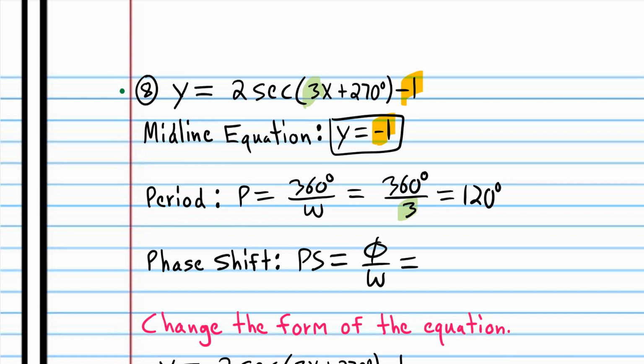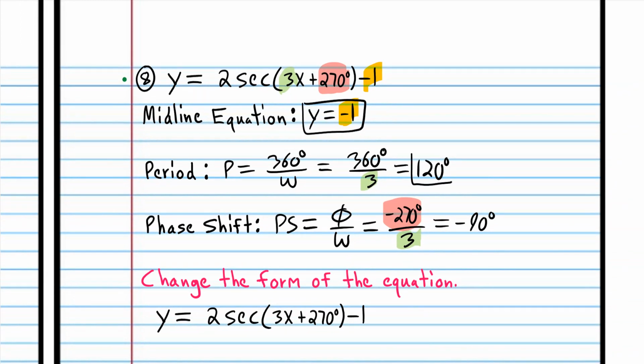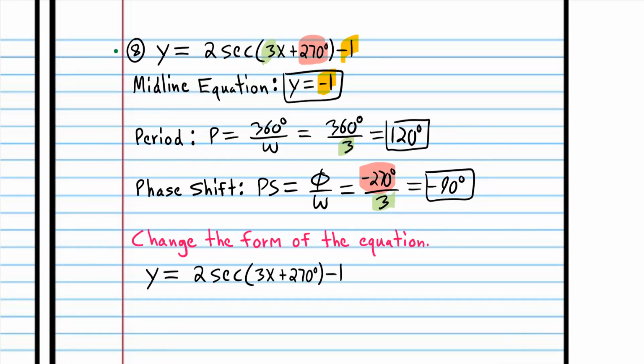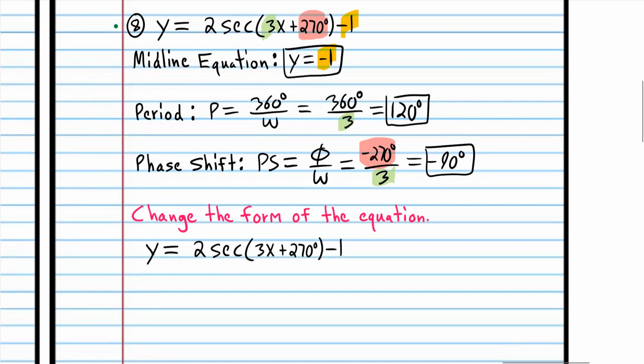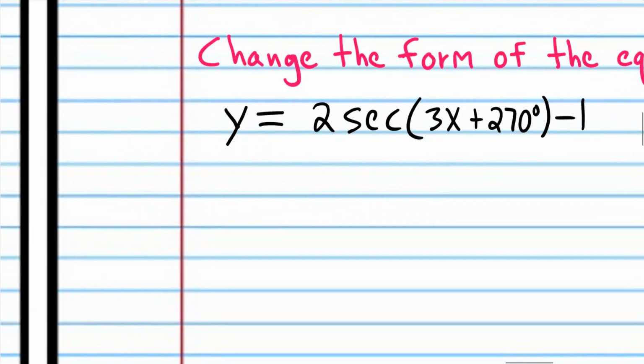And phi is this number here, 270. And that's going to be negative 270 degrees over our omega value. So that's going to be negative 90 degrees. So that means we're shifting to the left. And notice that there's no amplitude. We don't need the amplitude because there's no such thing as amplitude for these functions.